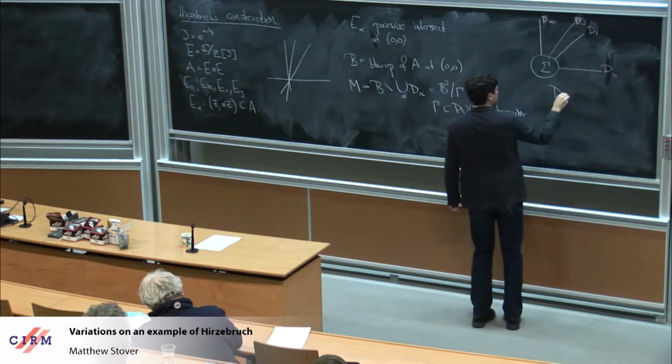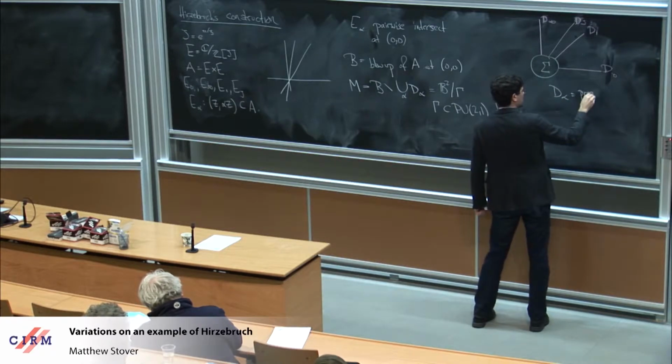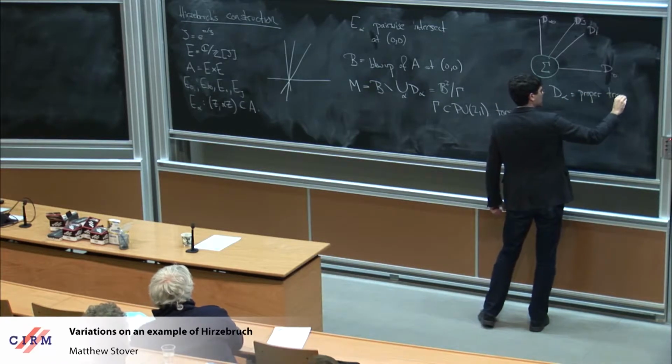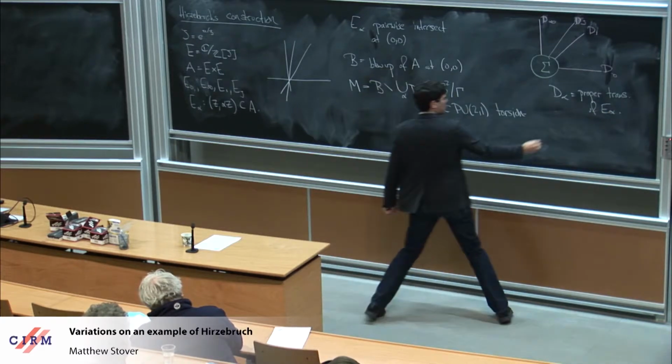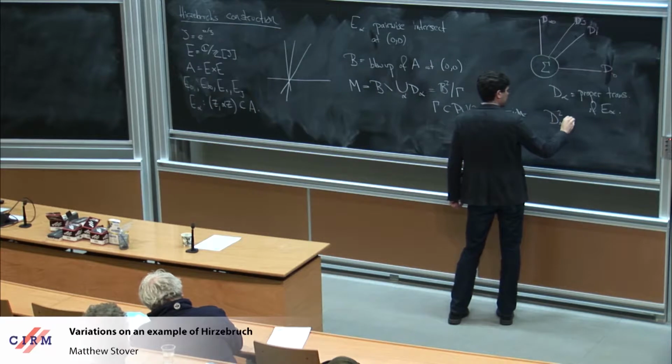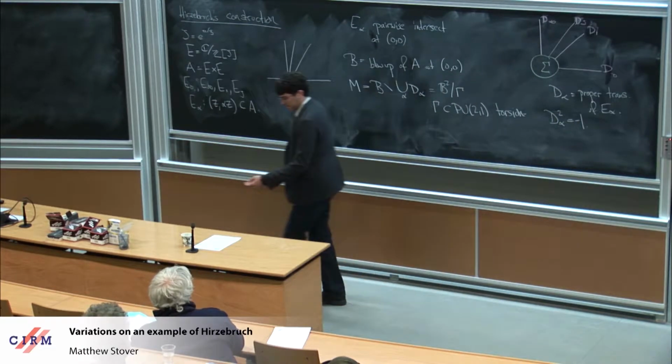So D alpha is the proper transform of E alpha. And so what you notice is that these have self-intersection -1, and they're disjoint.